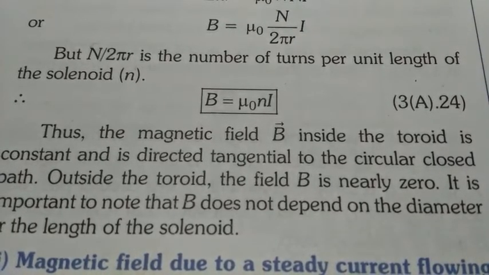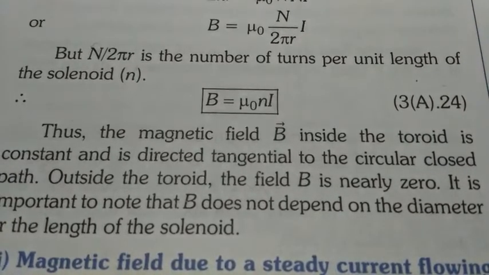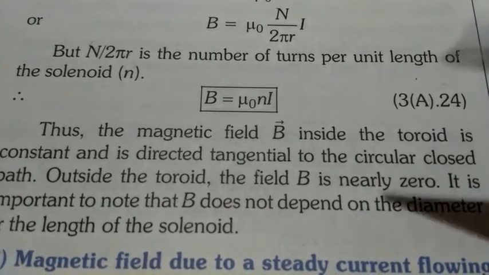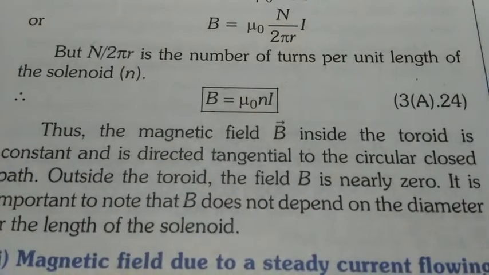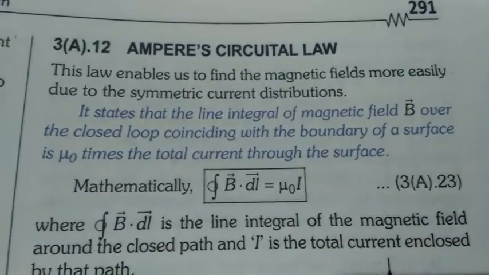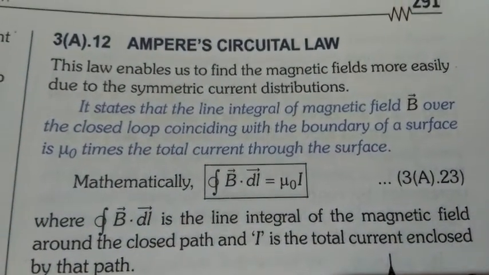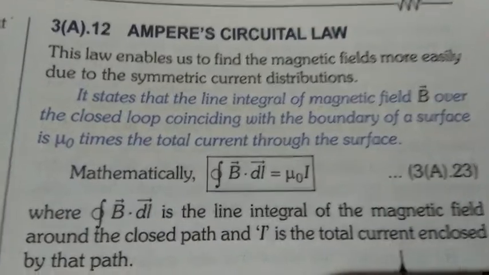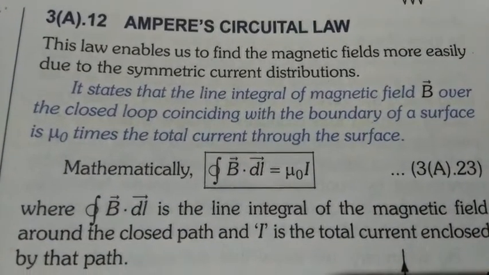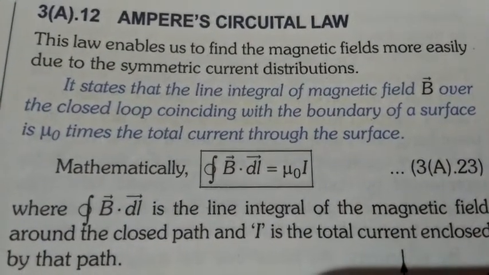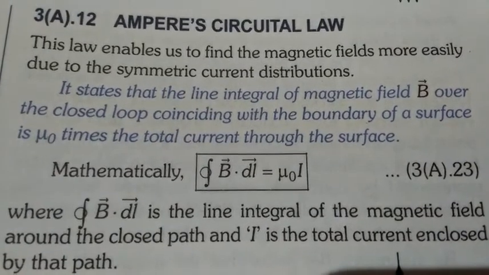If in that particular length more turns are there, then the magnetic field will be more. Similarly, Ampere's circuital law can be used to determine the magnetic field due to different toroids, solenoids and other kinds of shapes that we will discuss in the next lecture.